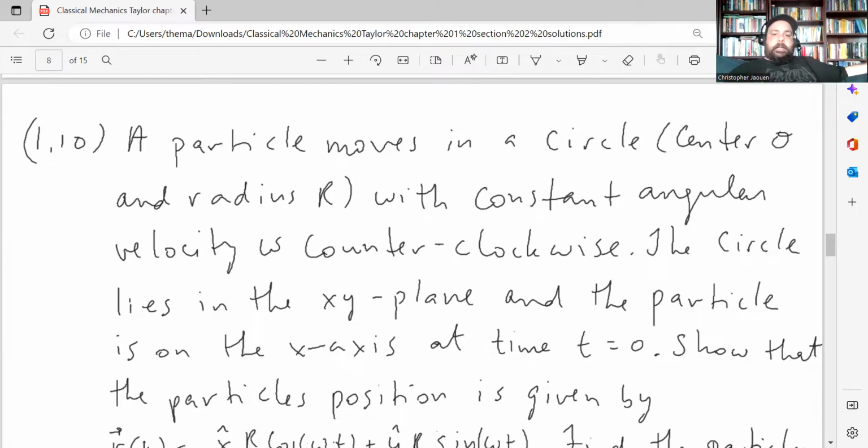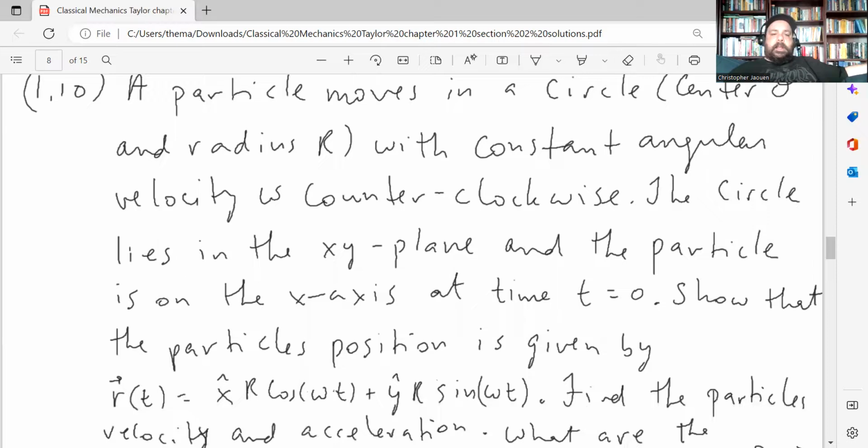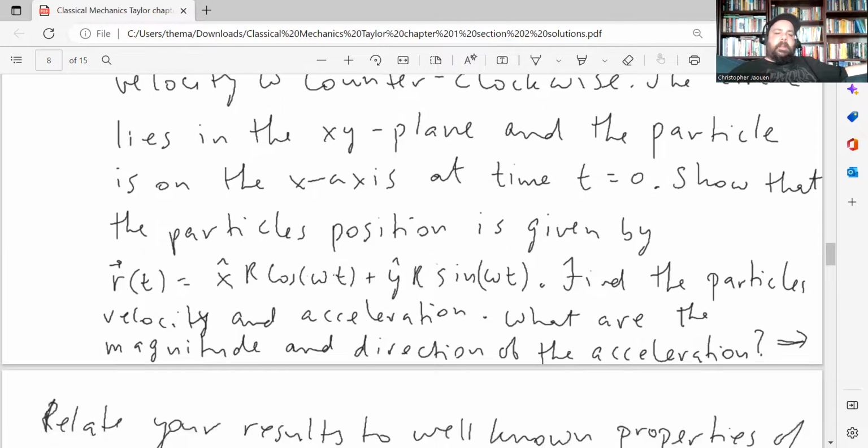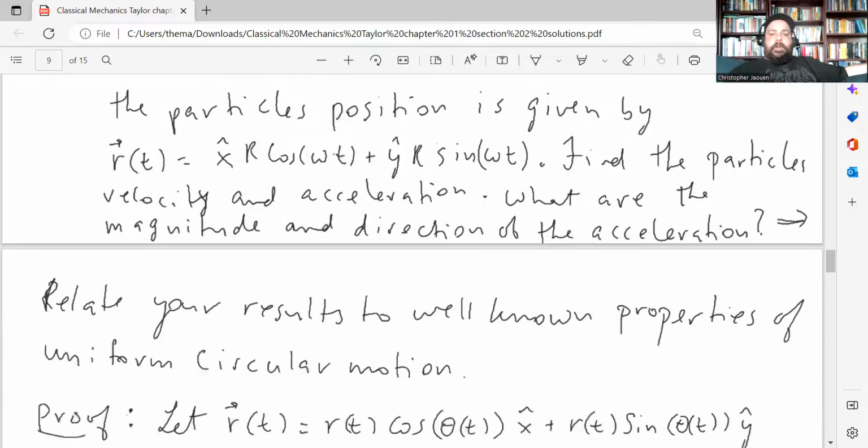The circle lies in the xy plane, and the particle is on the x-axis at time t equals 0. Show that the particle's position is given by r of t equals x hat r cosine omega t plus y hat r sine omega t, and find the particle's velocity and acceleration. What are the magnitude and direction of the acceleration, and then relate your results to well-known properties of uniform circular motion.